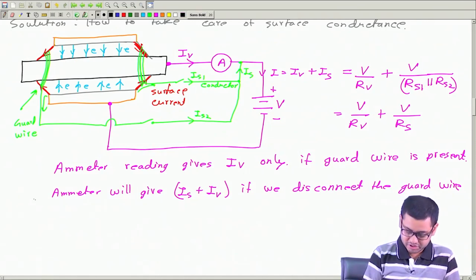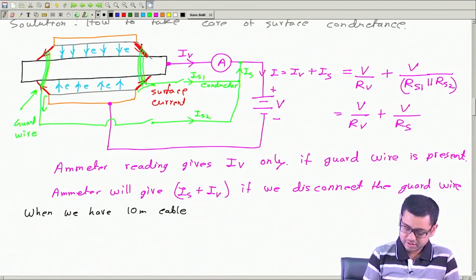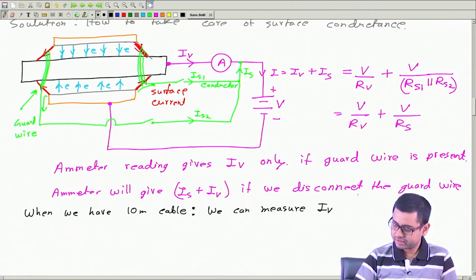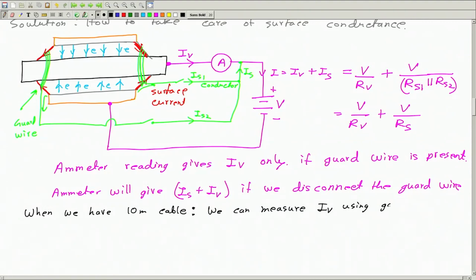When we have a 10 meter cable, we can measure IV using the guard wire, and then measure IS plus IV after removing the guard wire.